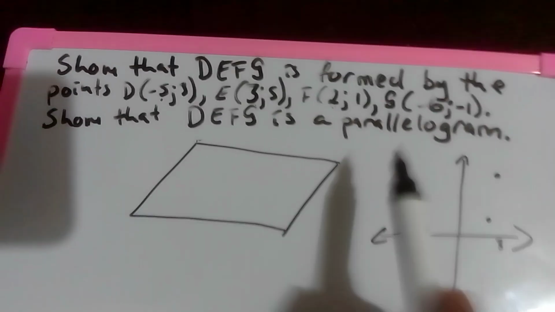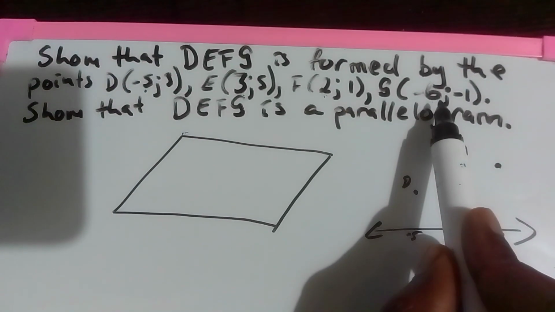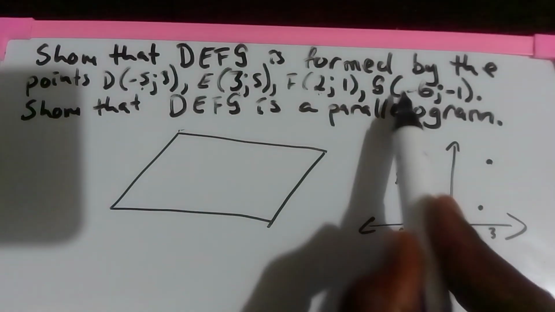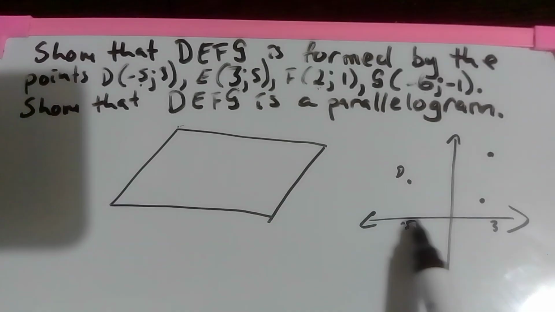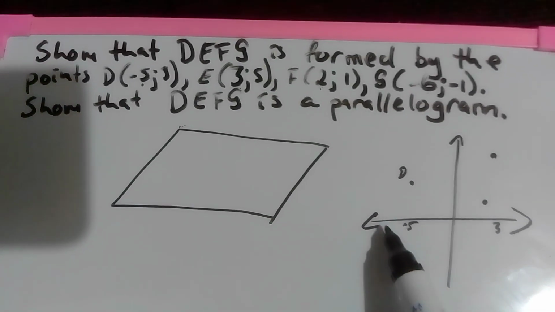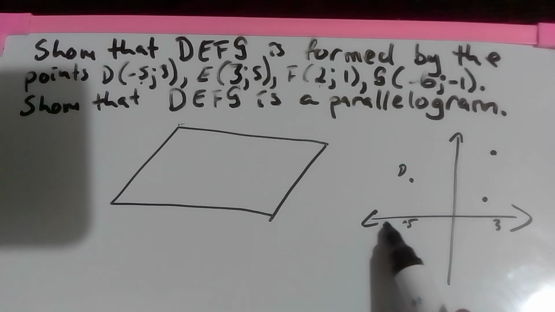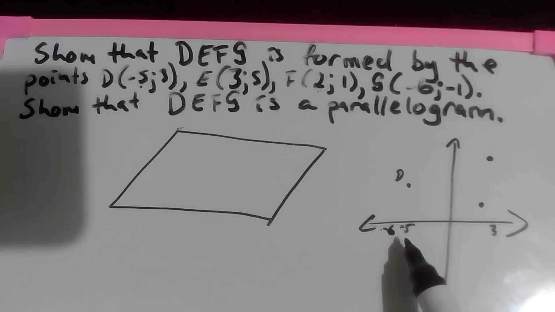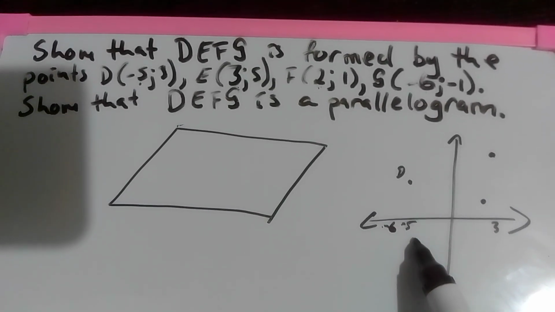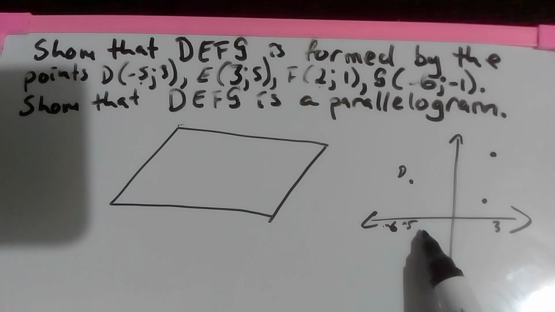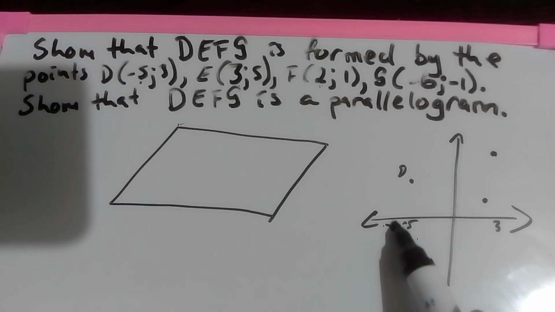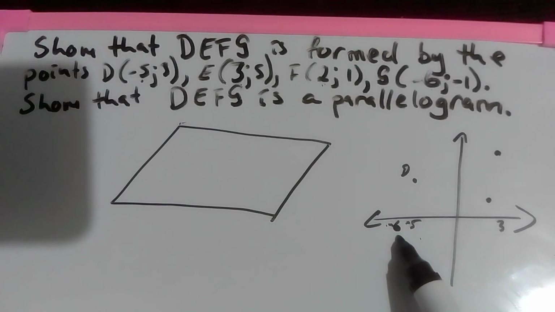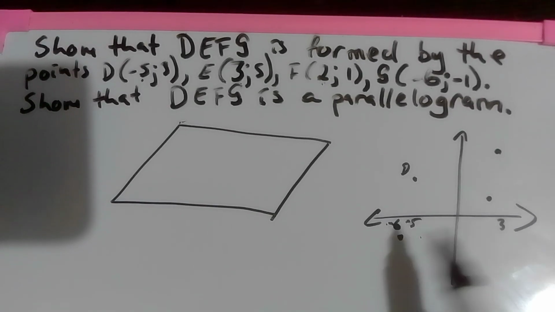Then last but not least, we've got -6 and -1. Now, remember -6 is smaller than -5. So we're saying that we're somewhere here. And we're told that the y value is -1. So if this is 6, then the -1 is somewhere here.